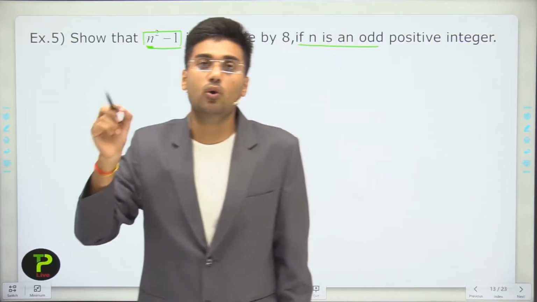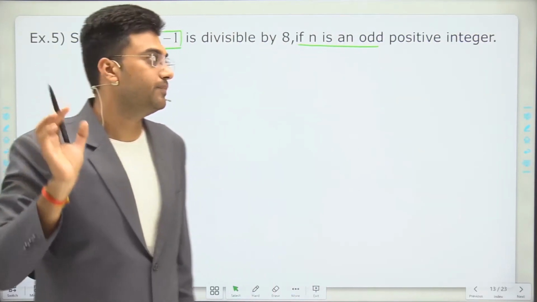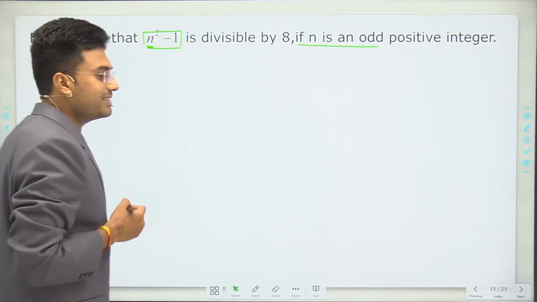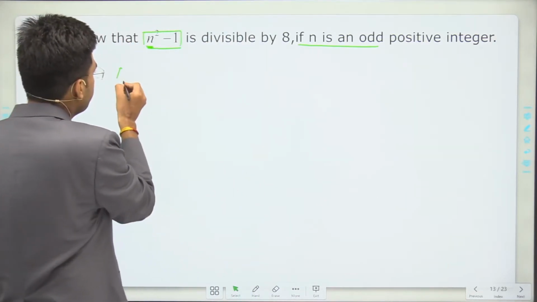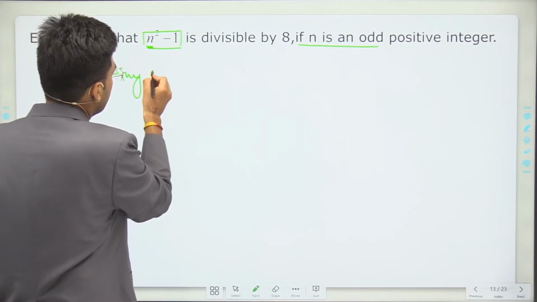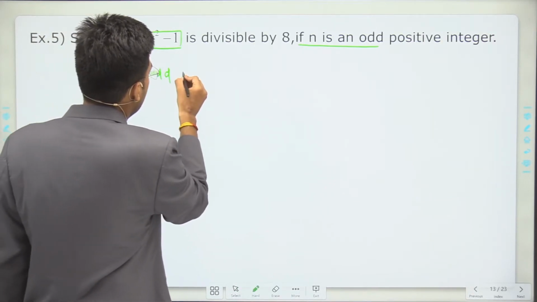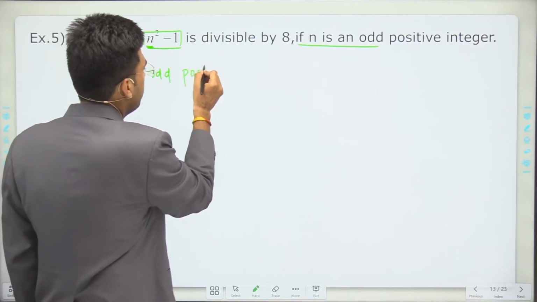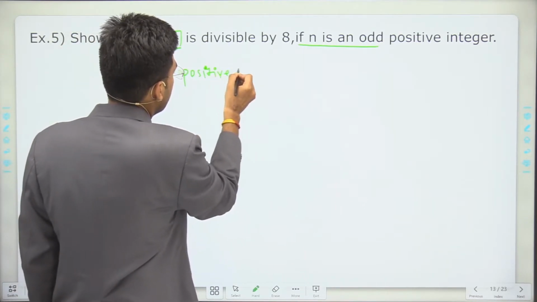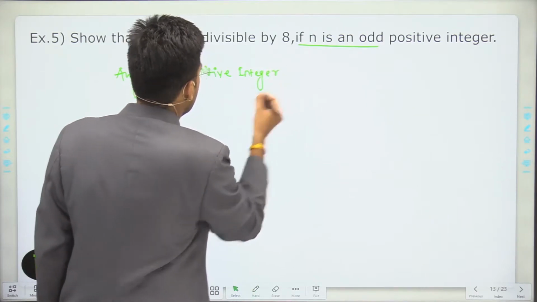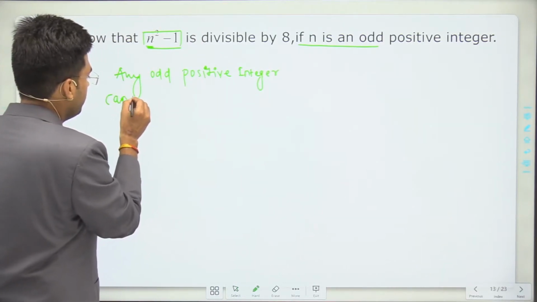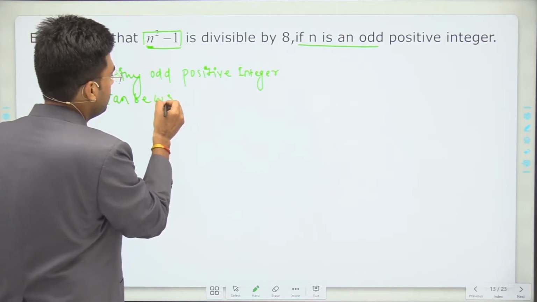N is what? An odd positive integer. Now in the previous example we said any odd positive integer can be written as 4q plus 1 or 4q plus 3.